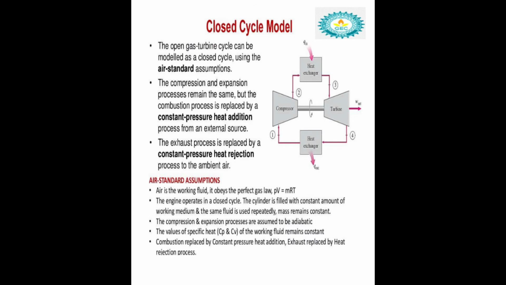Now coming to the closed cycle gas turbines. The process of the closed cycle gas turbine is the same as the open cycle gas turbine, but the difference is that the exhaust is not directly released into the atmosphere.